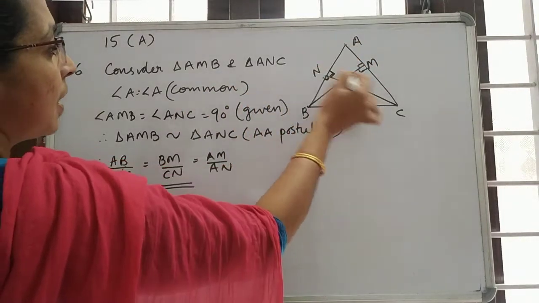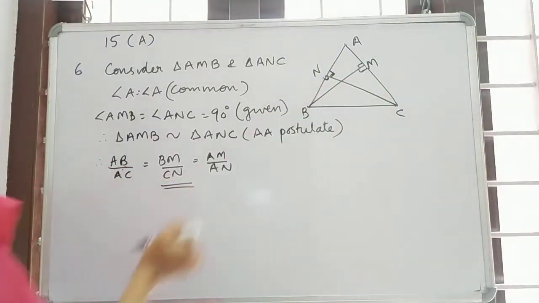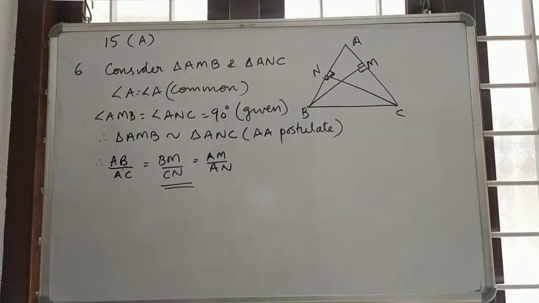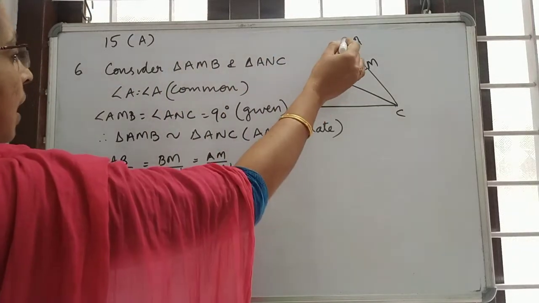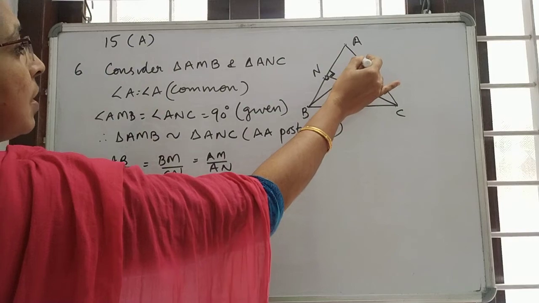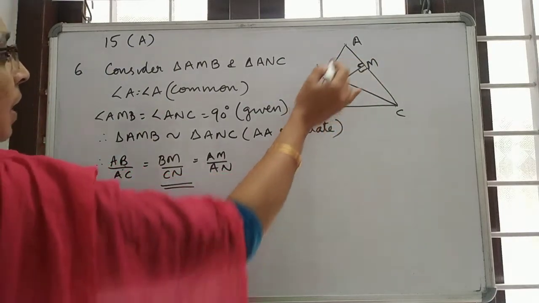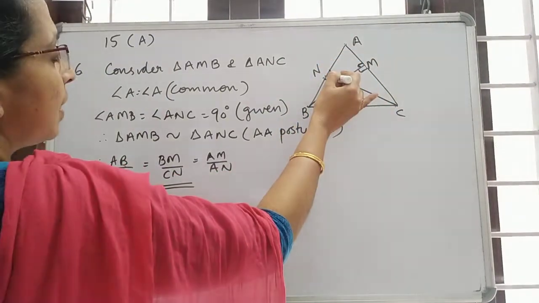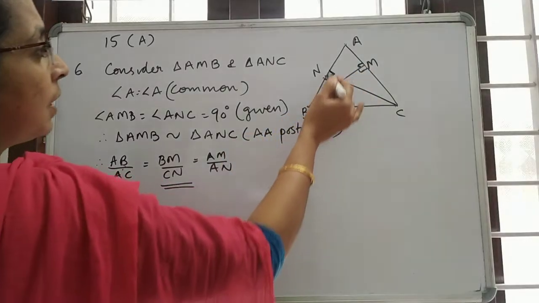ANC. If you are considering these two triangles, angle A is common in both. Angle A is equal to angle A, and angle AMB is equal to angle ANC, which is 90 degrees, since these two are the perpendiculars.